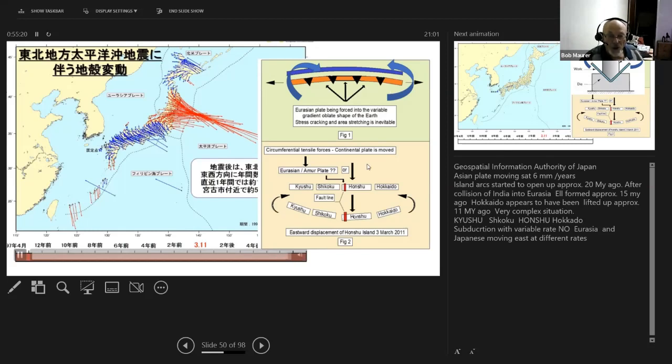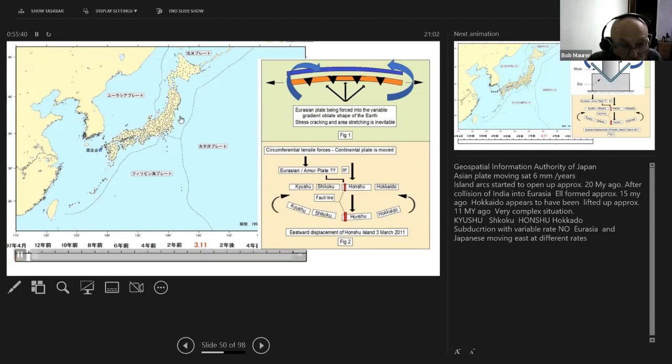Then you've got your 4 islands, Kyushu, Shikoku, Honshu, and Hokkaido. And you've got a fault line of the Eurasian Amur Plate, and it's on that fault line. You cannot explain this by subduction. You can only explain this by the circumferential forces moving this out.